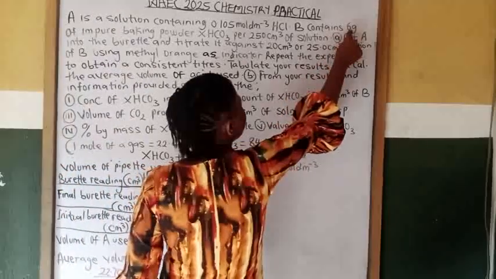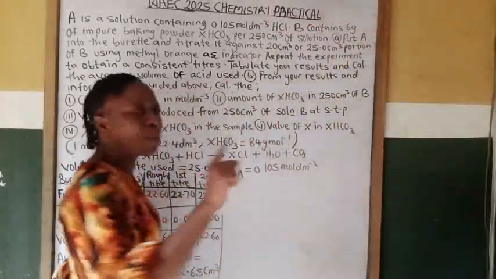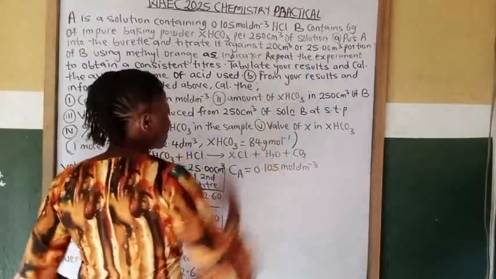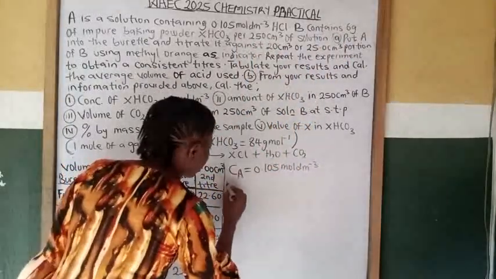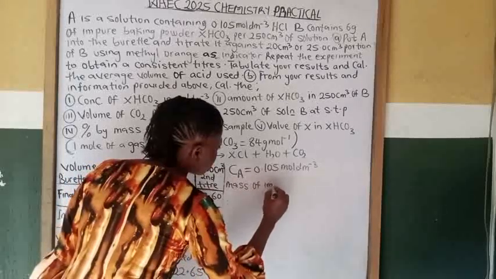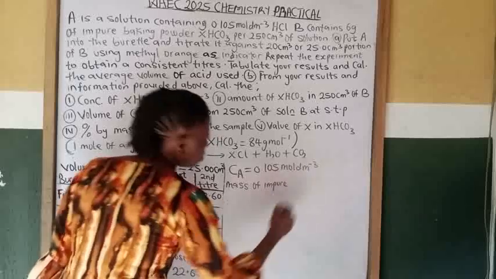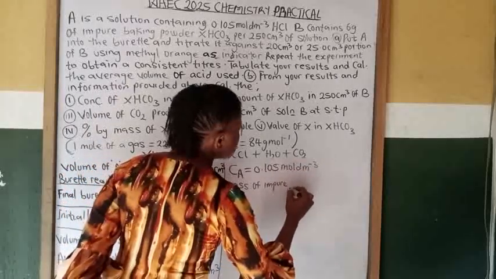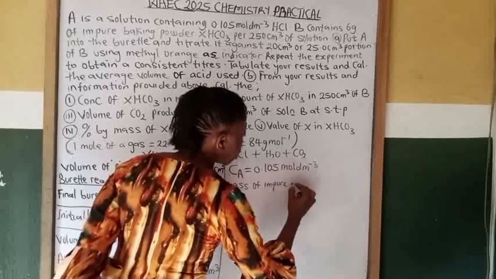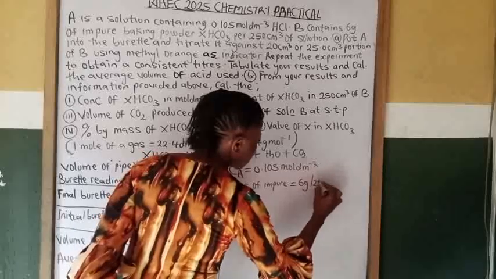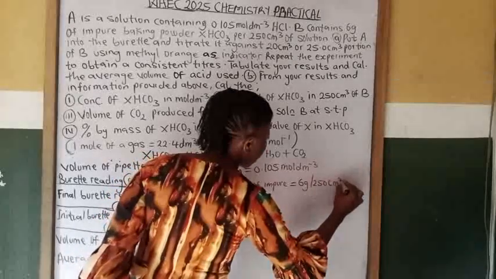So our mass concentration should be in gram per dm cube, but this one is gram per 250 centimeter cube. So you are going to record the mass concentration of the impure substance equal to 6 grams per 250 centimeter cube.